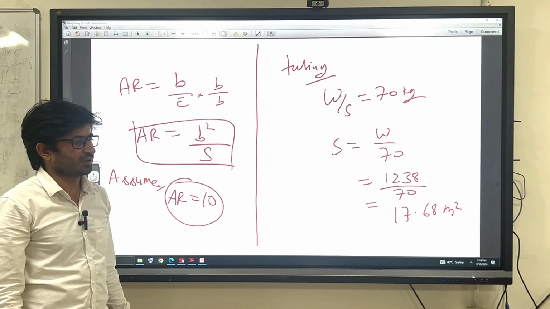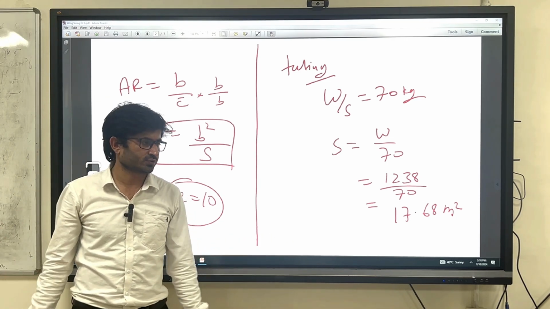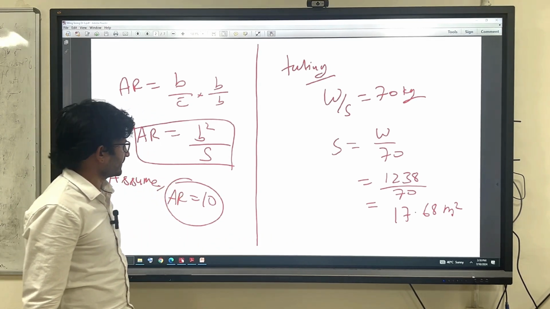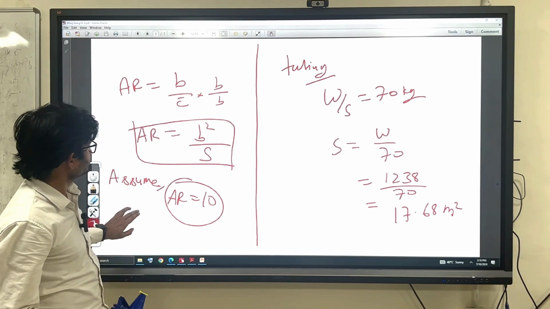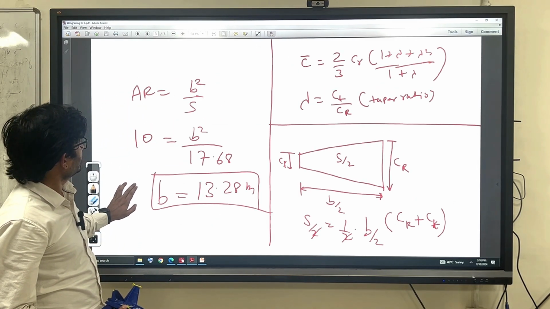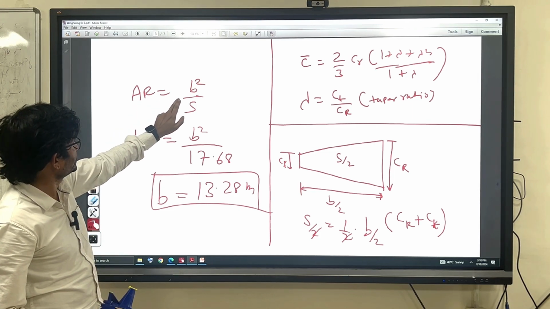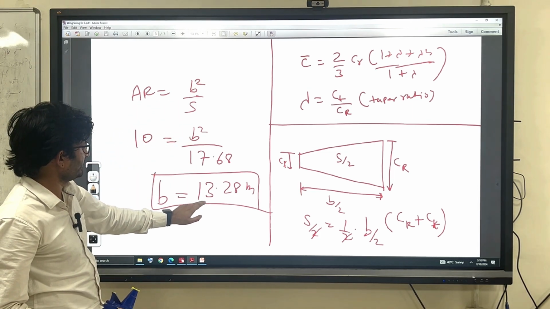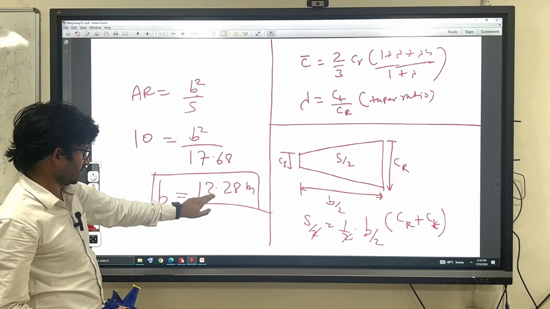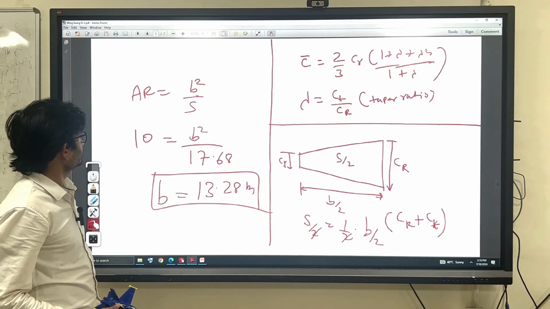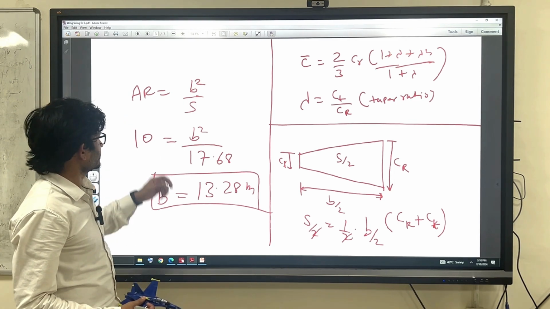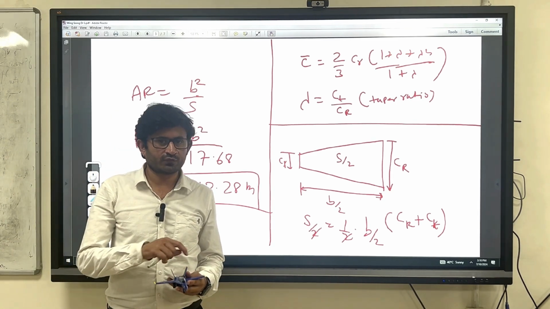If you are a glider, it can go beyond 20 also. So in the present case I am taking aspect ratio 10, and if you put aspect ratio, which is b square by S, you can calculate b, which comes to 13.28 meter roughly.